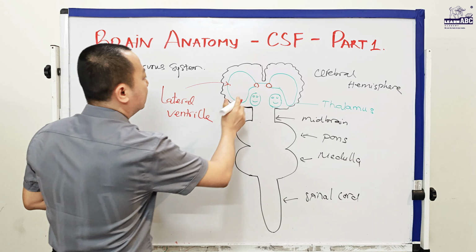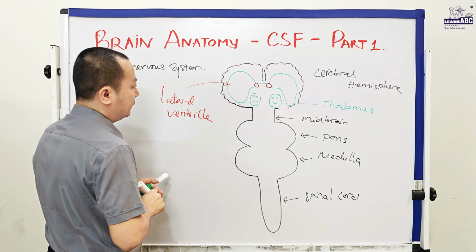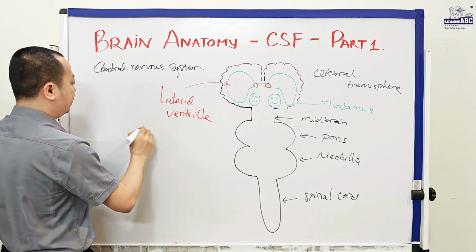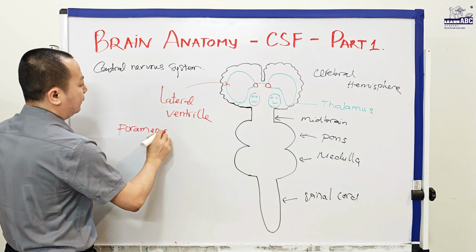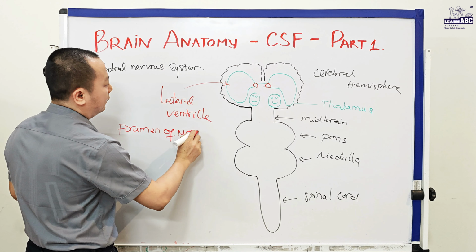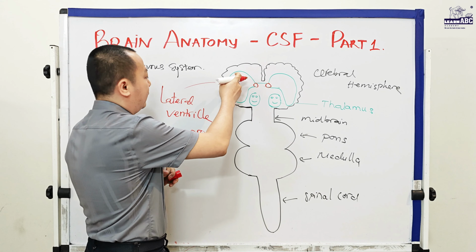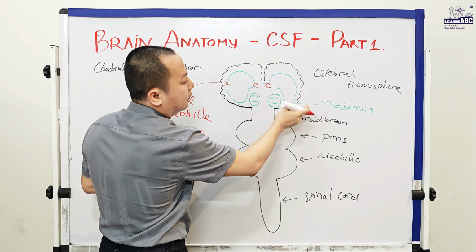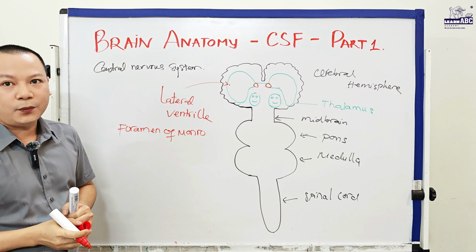We call it the foramen of Monroe. So the left lateral ventricle connects with the right lateral ventricle through the foramen of Monroe.